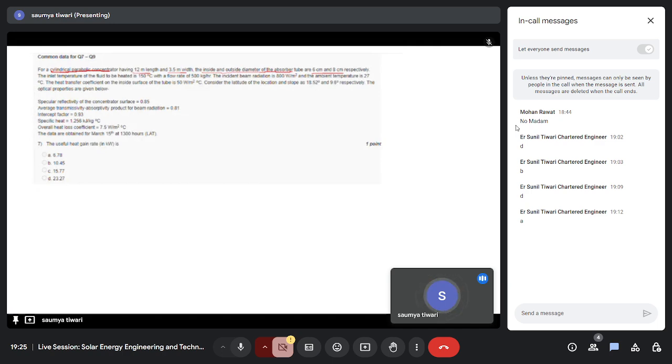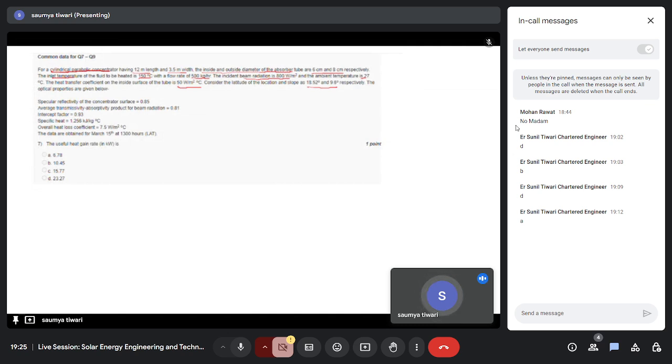Now, the inlet temperature of the fluid to be heated is 150 degrees Celsius with a flow rate of 500 kg per hour. The incident beam radiation is 800 watt per meter square. Ambient temperature is 27 degrees Celsius. The heat transfer coefficient on the inside surface of the tube is given 50 watt per meter square per degree Celsius. Consider the latitude of the location and the slope 18.52 degree and 9.6 degree respectively.